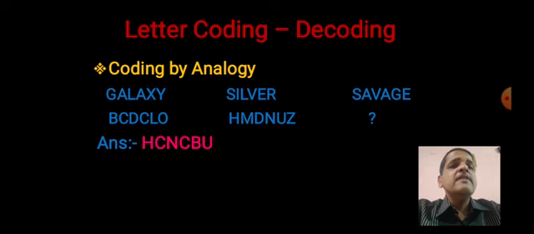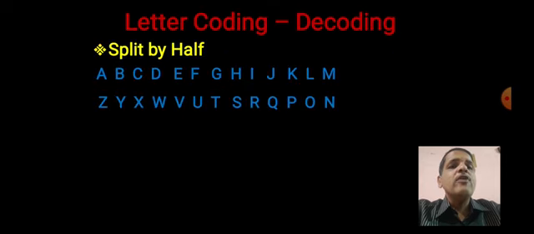When such coding by analogy is not available, you can use another method. There is also split by half. Means what? A to M is 1 to 13, N to Z is 14 to 26.